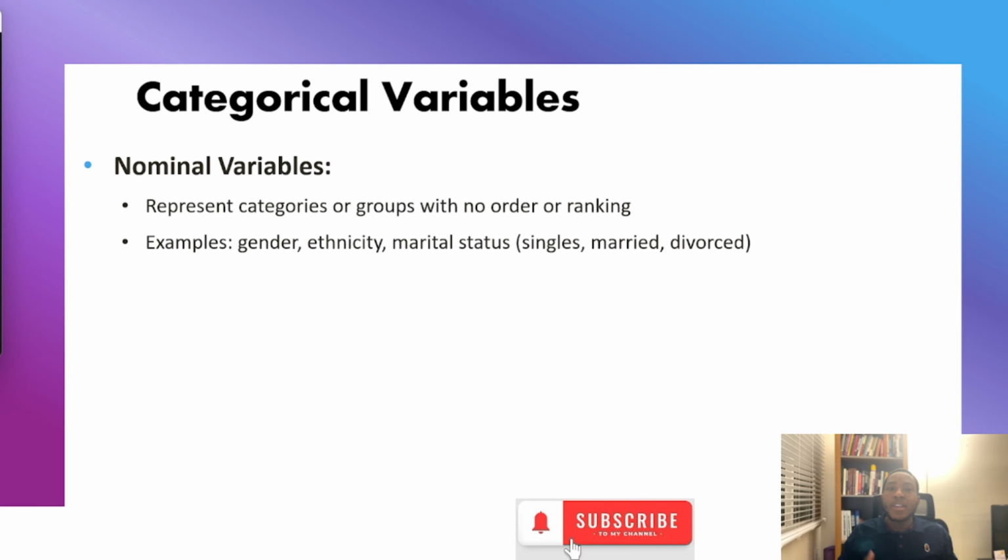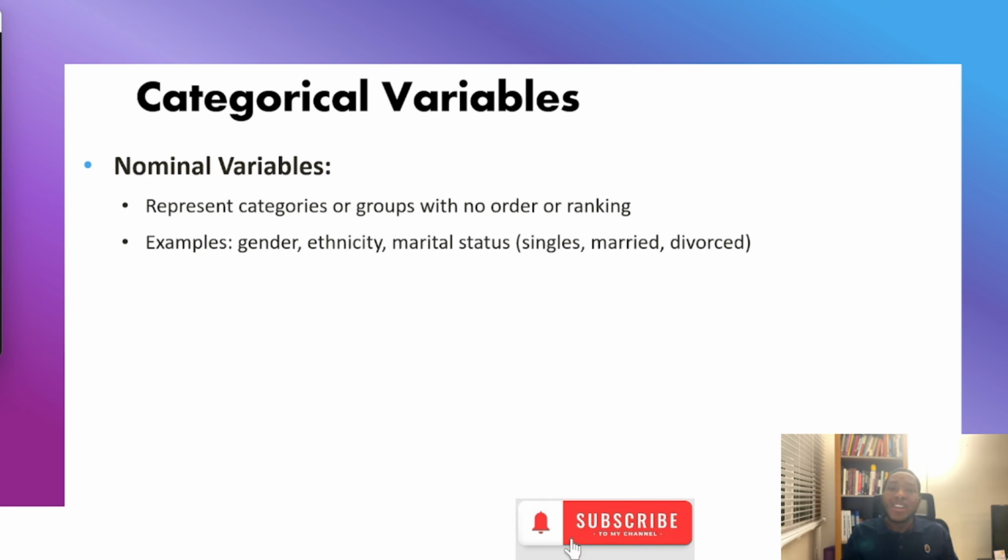There are whites, there are blacks, there are Hispanics or Latinos, there are Asians. These categories exist in name only, and you cannot order them and say one race is better than the other race. You could also take another variable like sex, male and female. They exist in name only. You cannot say that females are better than males and vice versa.